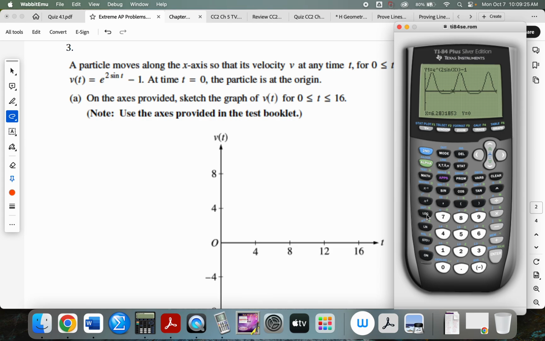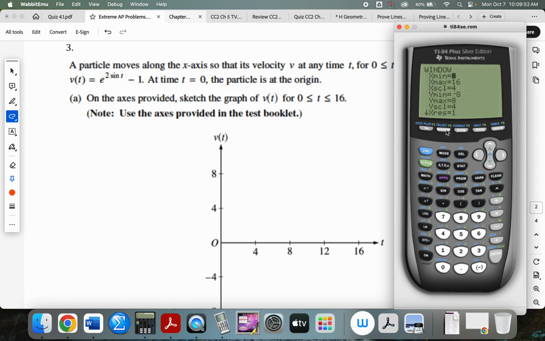I'm curious, if you change this to degree mode, I'm wondering what sort of a graph you get. Yeah, I wonder if that's ever negative.